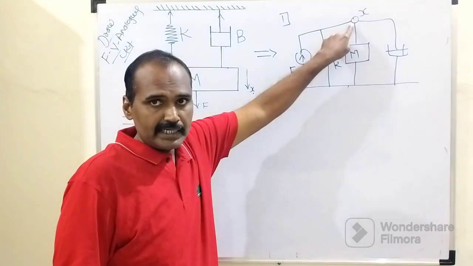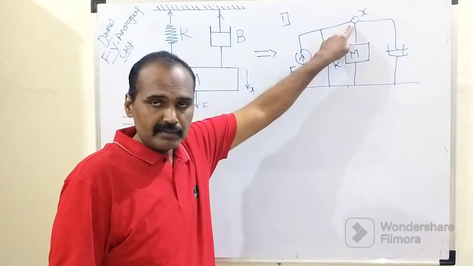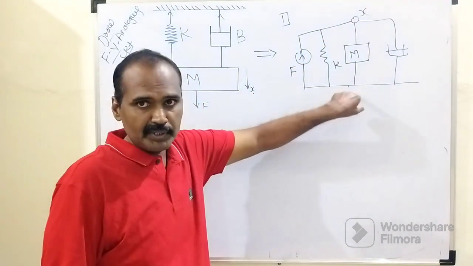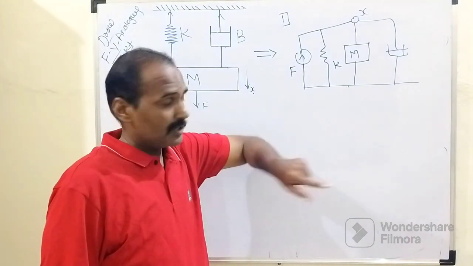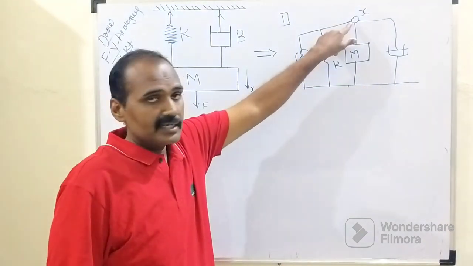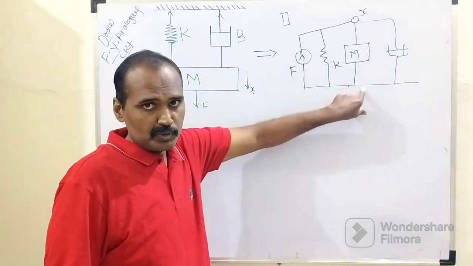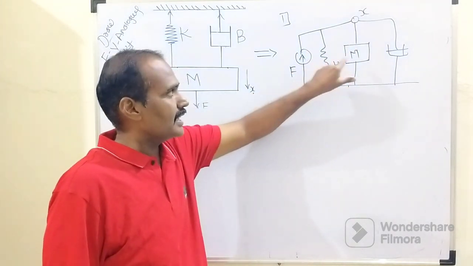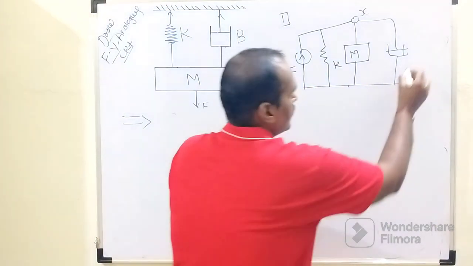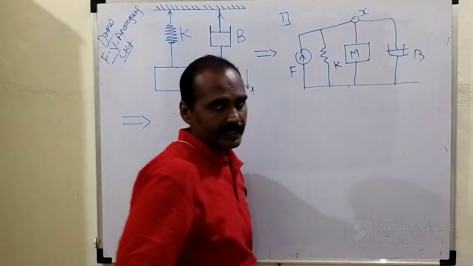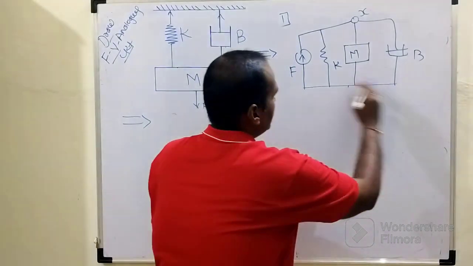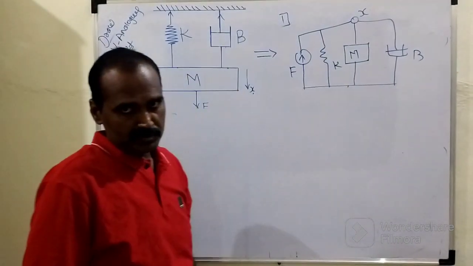As we have only one displacement, there will be only one main node, and this is nothing but the dummy node or the reference node, right? So these elements are associated with this displacement x and the dummy node or the reference axis. In this way, these three elements, k, m and b, are connected into this nodal diagram, and this will be the direction of applied force, right?